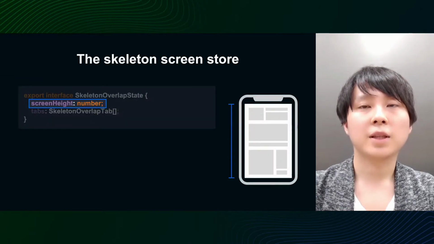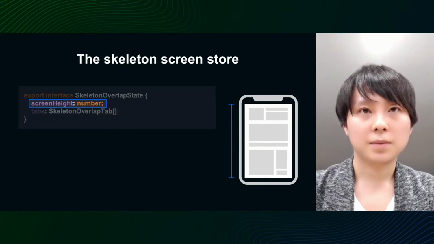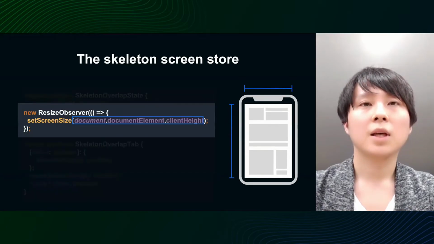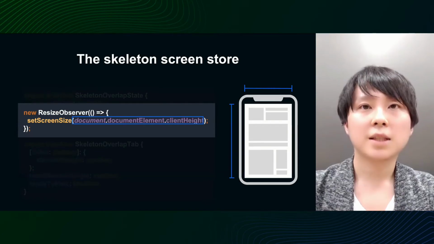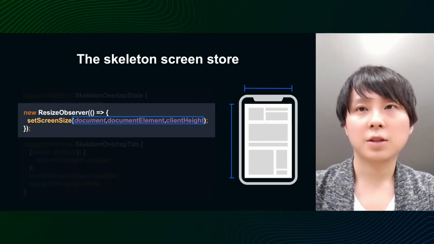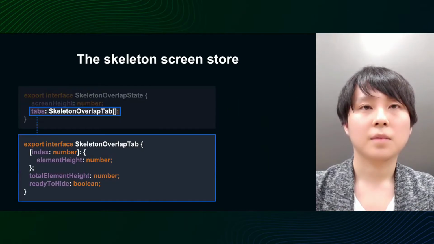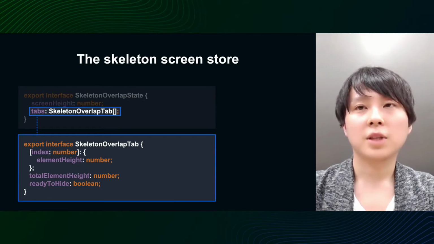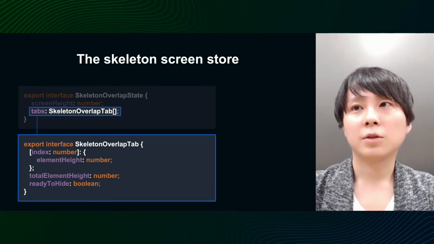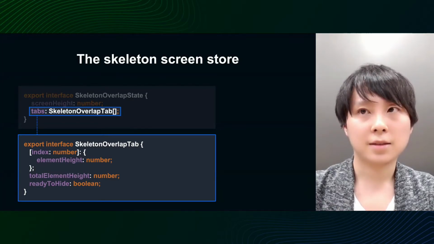The first property of state is the height of the viewport. The height of the screen depends on whether the device is in landscape or portrait mode. So we monitor the orientation change and then use the web API to get it. The second property of state is an array that contains the skeleton overlap tab object that holds the height of the content for each tab.